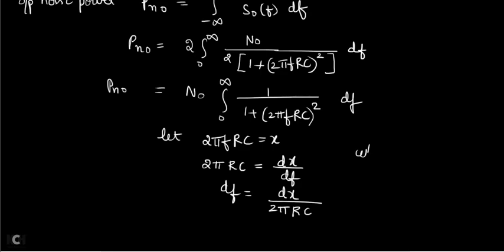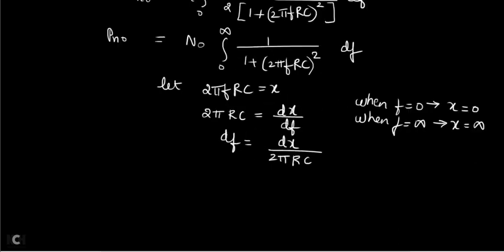When f is equal to 0, lower limit, what happens to x? x is also 0 by using this expression. Now when f is equal to infinity, upper limit, what happens to x? By using this expression, x is also infinity.